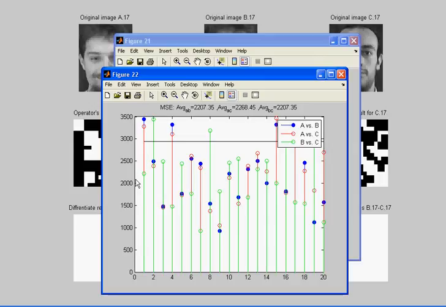The blue points describe the code for group A, and the red points describe the code for group B. The green points describe the code for group C. For example, blue and red points at index 3 are the codes generated for individual 3 in 2 different samples, as you can see here.